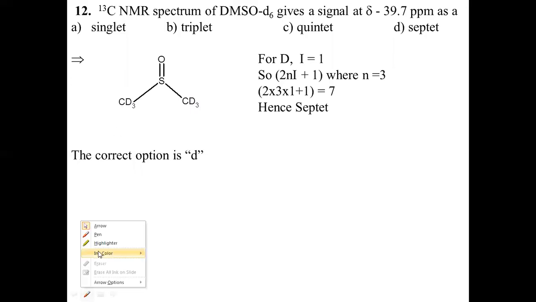So when you have deuterium, you know the I value for deuterium is 1. So you just substitute the value of I into 2NI plus 1, where N is how many deuterium you have, 3, and I is 1. So just substitute 2 into 3 into 1 plus 1. That works out to be 7. So your option B is correct.